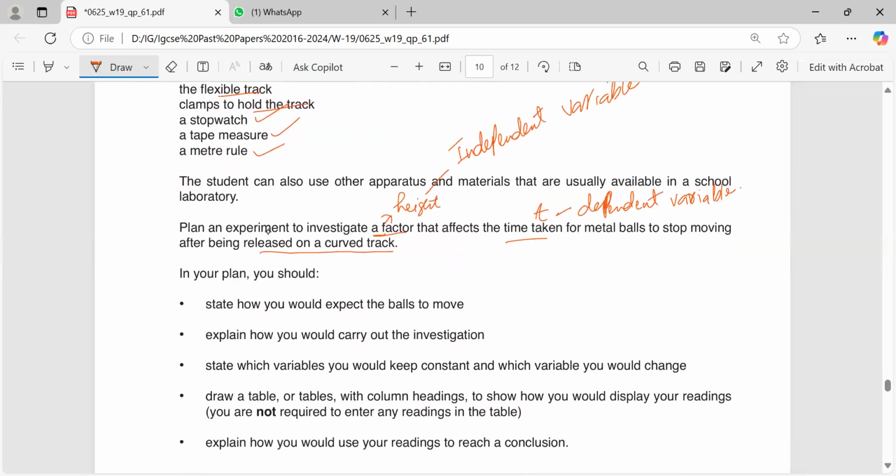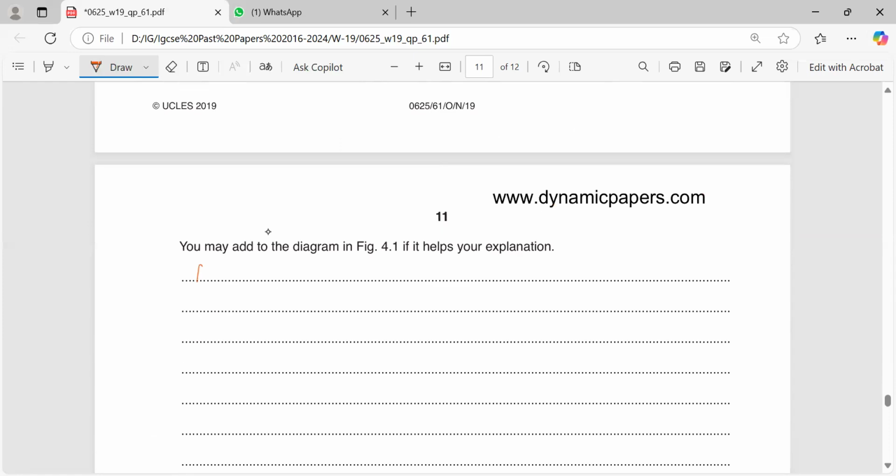Now, in your plan, you should state how you would expect the ball to move. So, of course, the ball will keep on oscillating. The ball will keep on moving back and forth. And instead of moving, I can write oscillate.